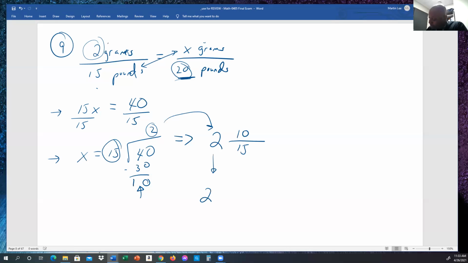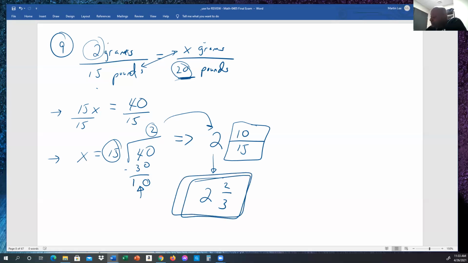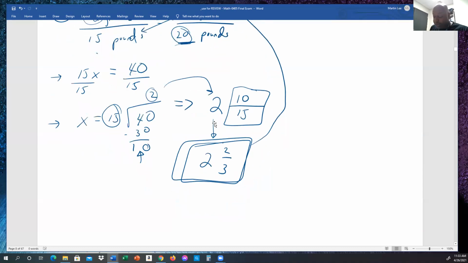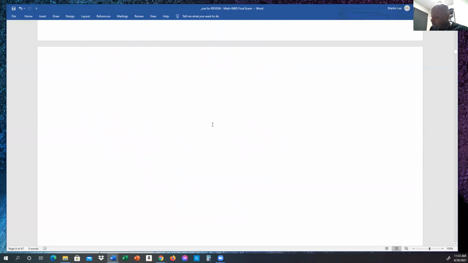This equals 2, and when I reduce 10 over 15, I get the fraction 2/3. So it'd be 2 2/3 grams for a cat that weighs 20 pounds. Again, not 200 pounds. Okay. Keep it moving.